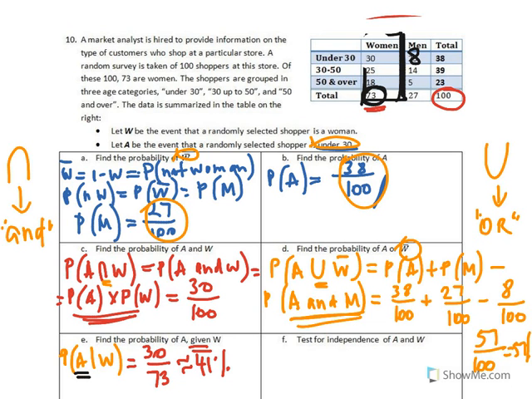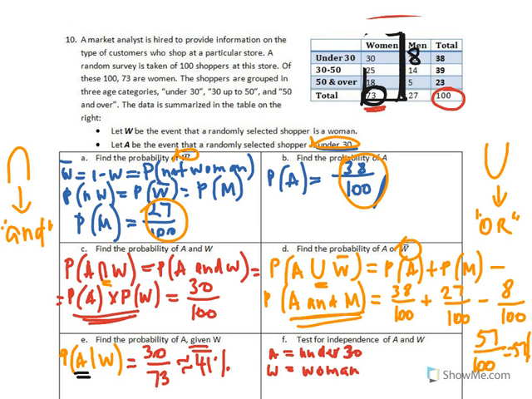Last question, F. Test for independence of A and W. A is being under 30, and W is being a woman.